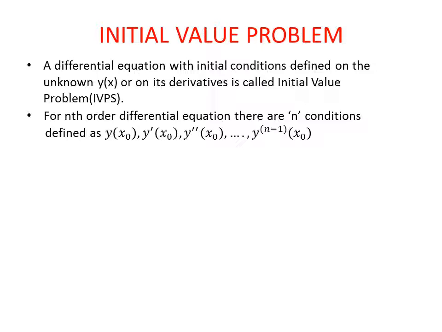The initial conditions are usually given in terms of the unknown function at a specific point or its derivatives, but all conditions are given at the same point, that is called x naught.